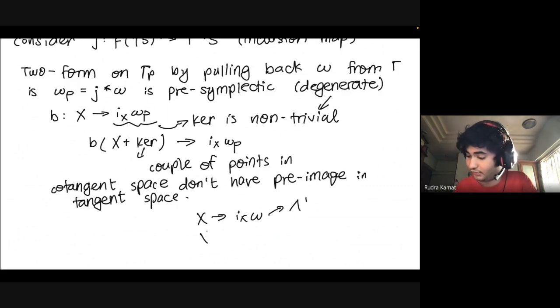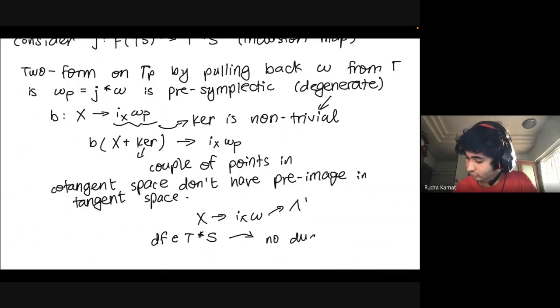Now we can't do this anymore, or at least we can't do this uniquely, because we can't reverse this operation. There's going to be some elements in the cotangent space, say df is a one form, that will not have any dual in the tangent space.